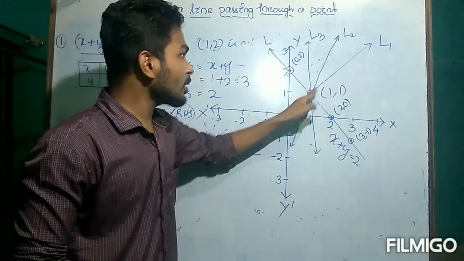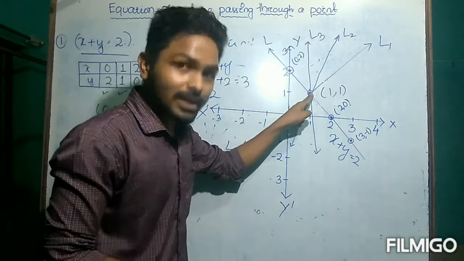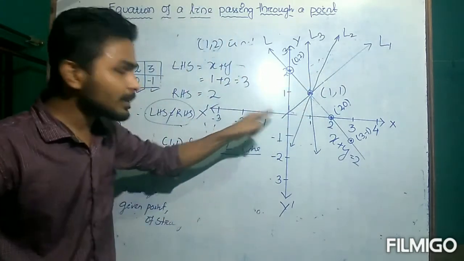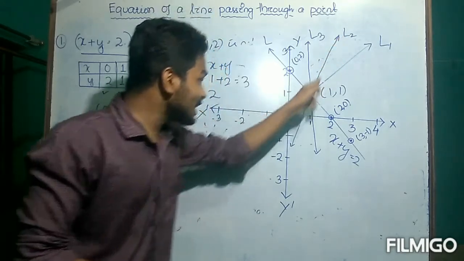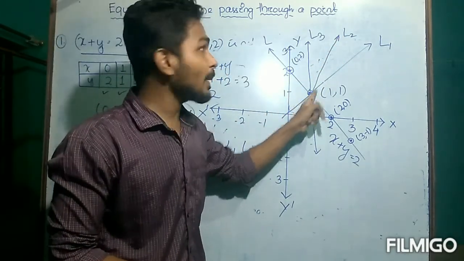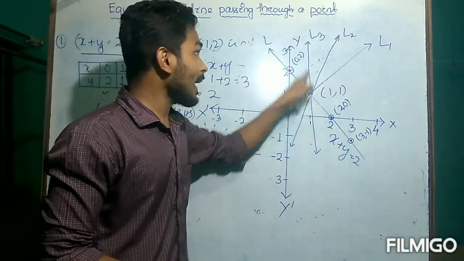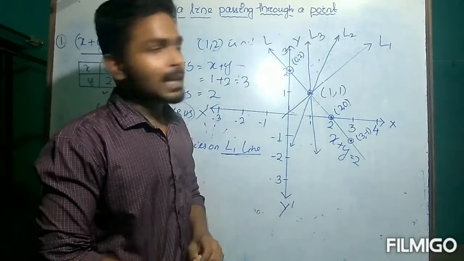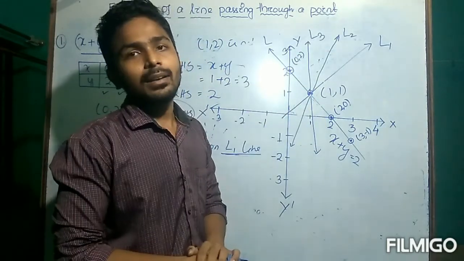Similarly, this point also lies on this line. That means this point must satisfy the equation of this line. Again, this point also lies on this straight line, so it must satisfy the equation of this straight line.